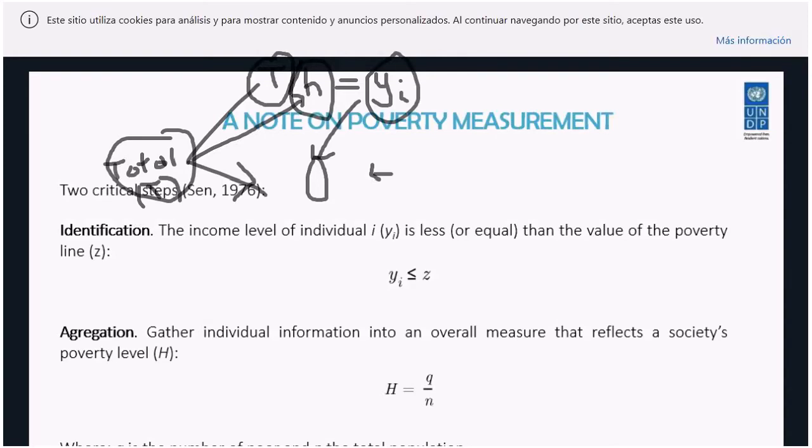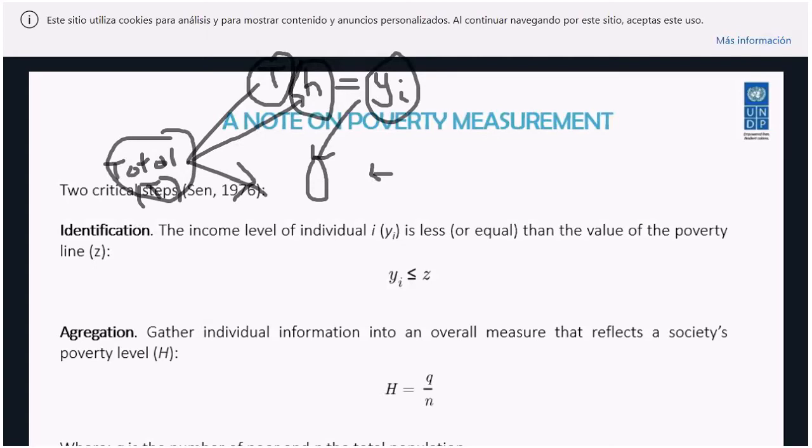So an adult individual who is working, who is male or female, will have a different factor compared to the factor for a child, right? What do the factors mean?